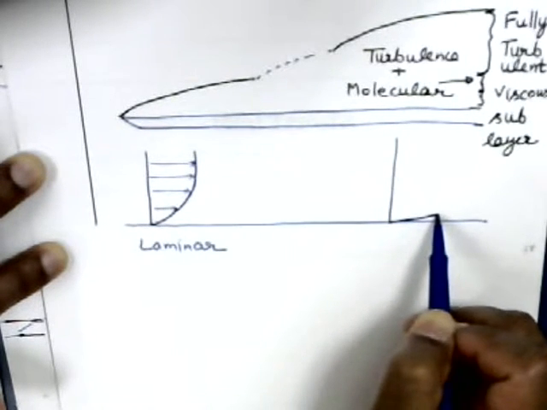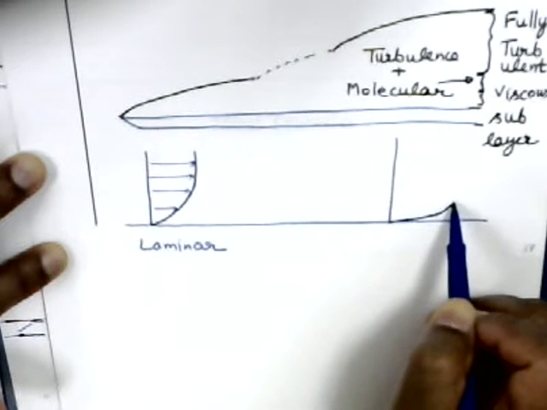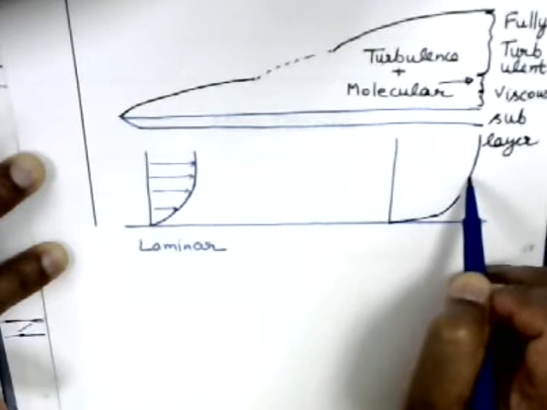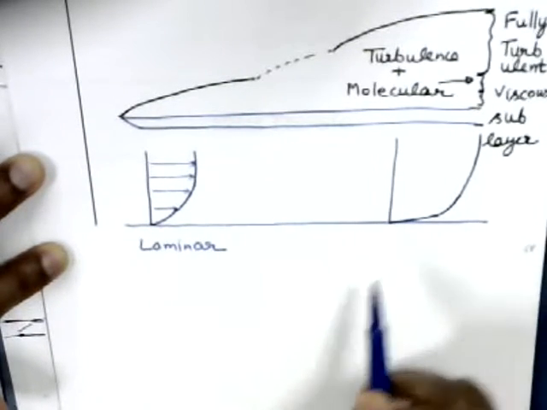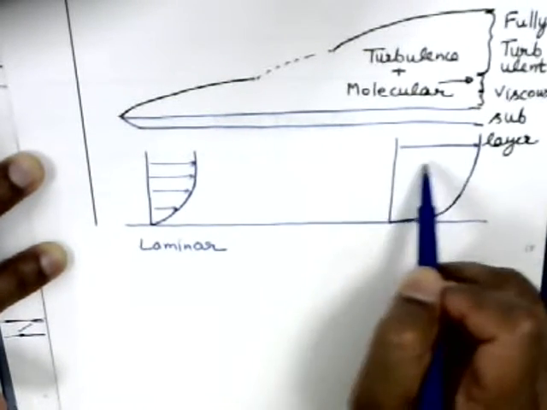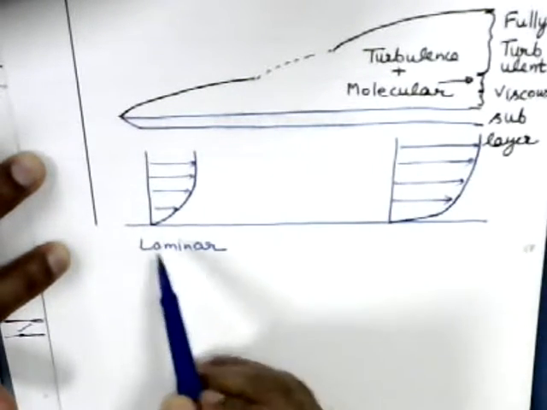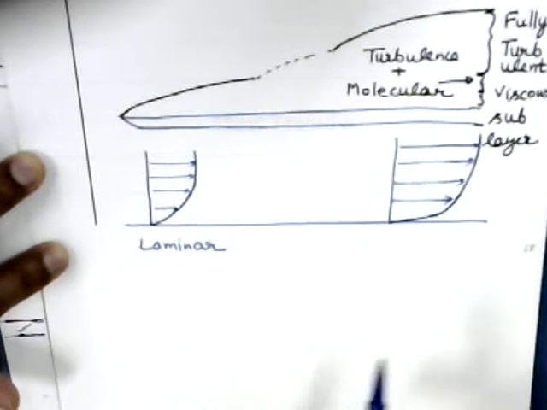So it's very steep here, and then the remaining profile is relatively flatter. So this is relatively flatter, but you have a large gradient here. The velocity profile is like this. And the temperature profile is also going to be along similar lines.